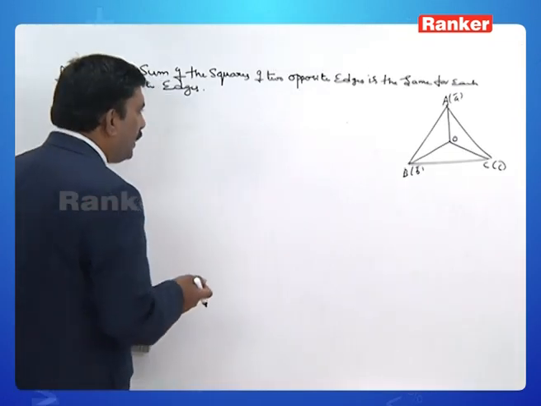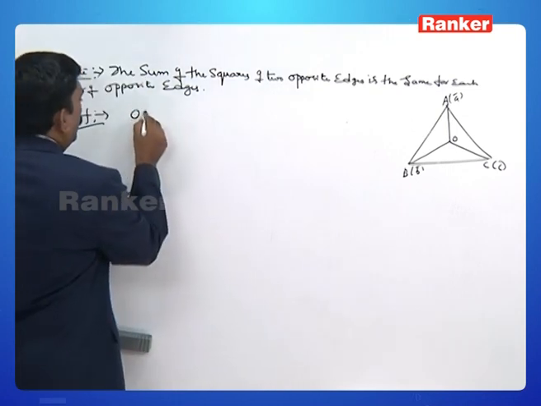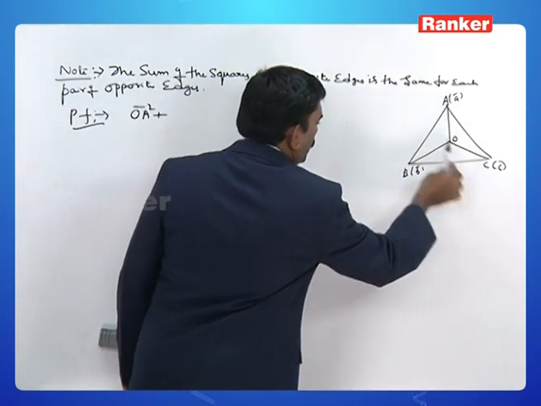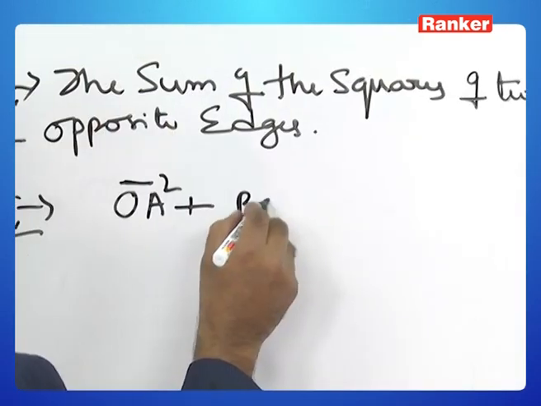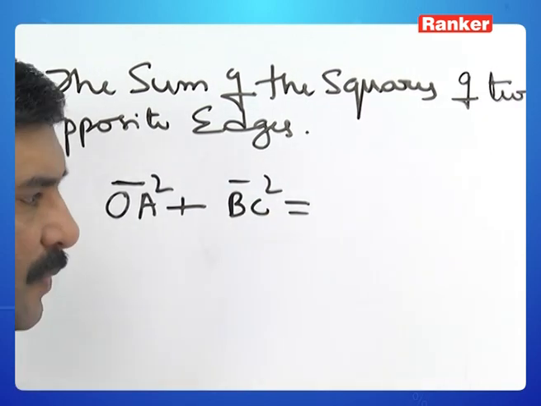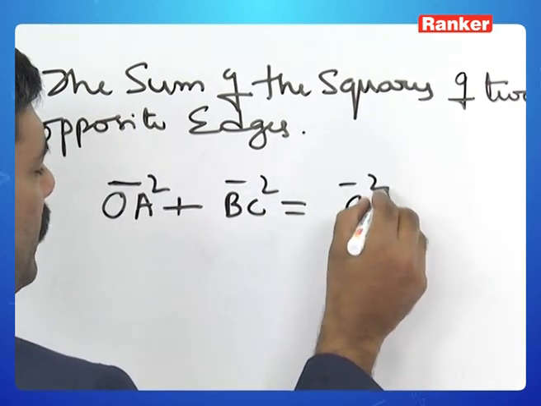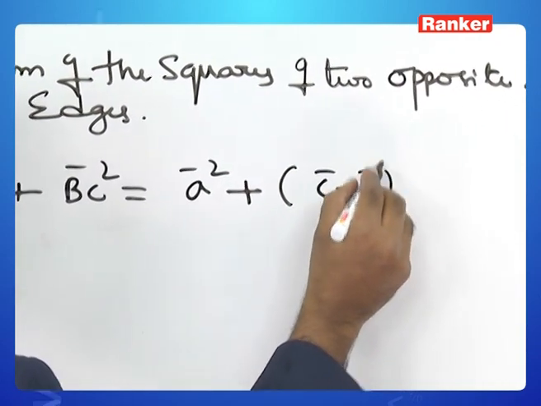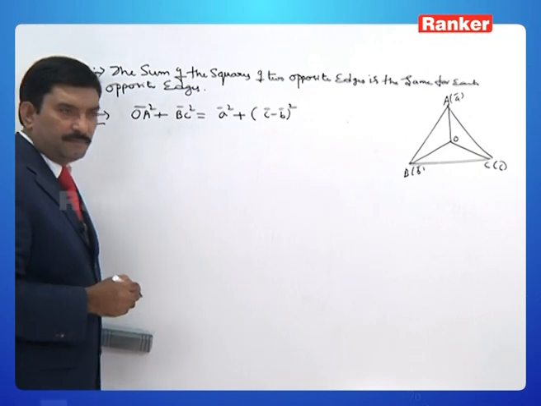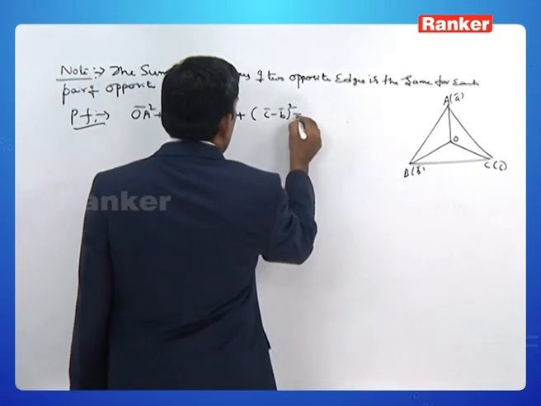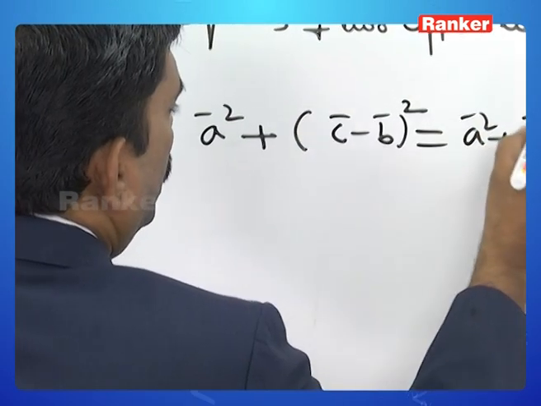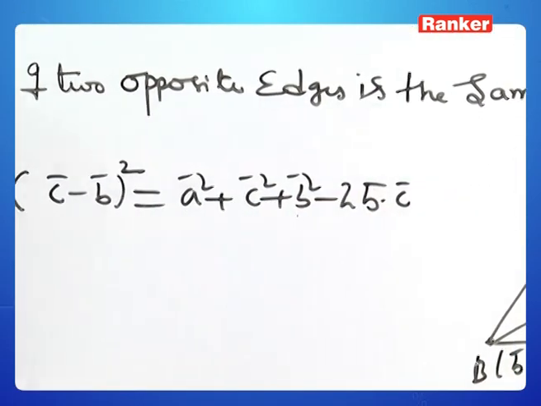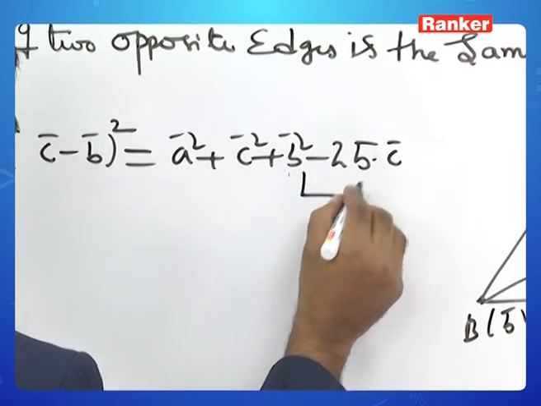Now let us consider OA bar square. This is one edge. The opposite edge is BC bar square. OA bar square is A bar square, and BC bar square is nothing but C bar minus B bar whole square. Now expand it: A bar square plus B bar square plus C bar square minus 2 B dot C. Call this 1.